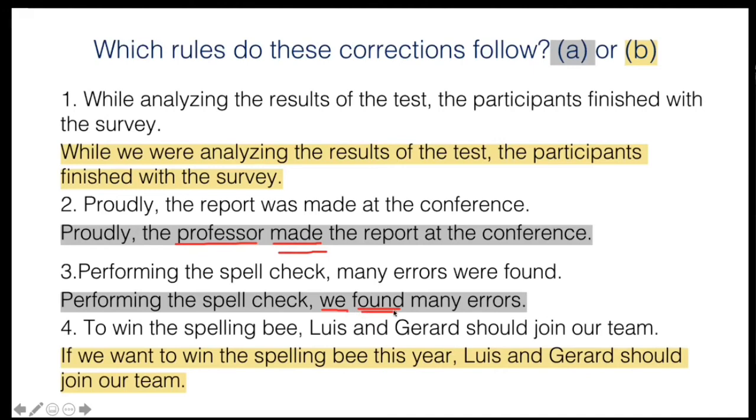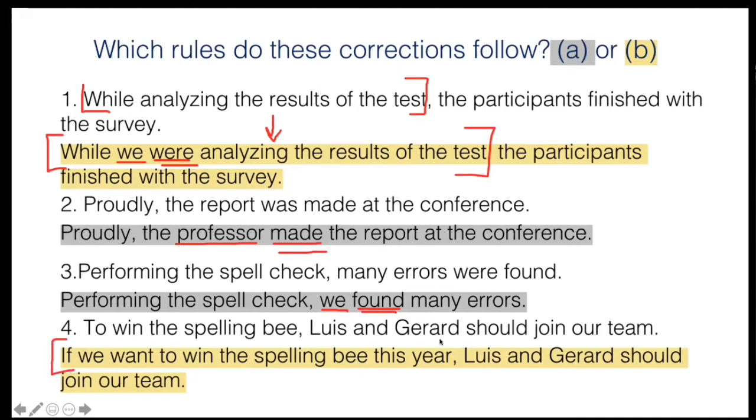Strategy B, you take a modifier and you transform it into a full clause with subject and predicate, and now this is a good, normal, clear clause. In number 4, it's a conditional clause with if.